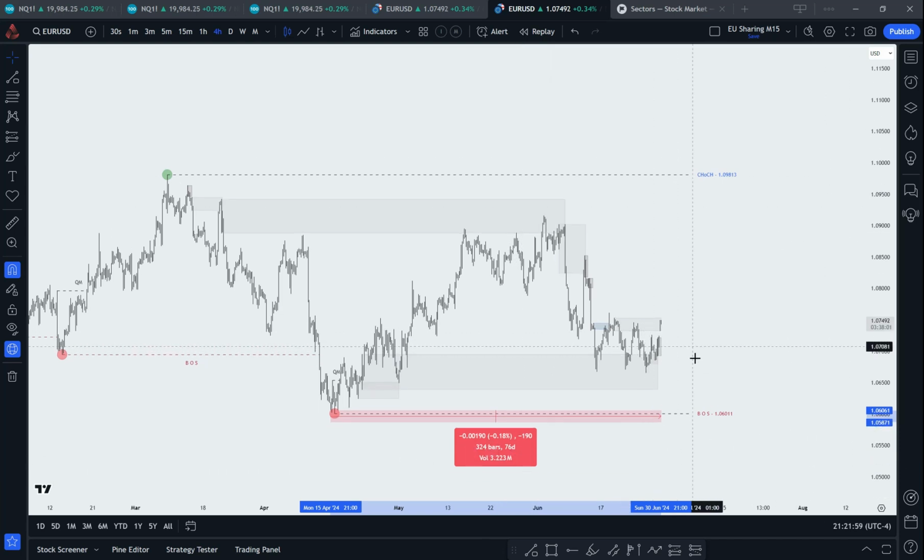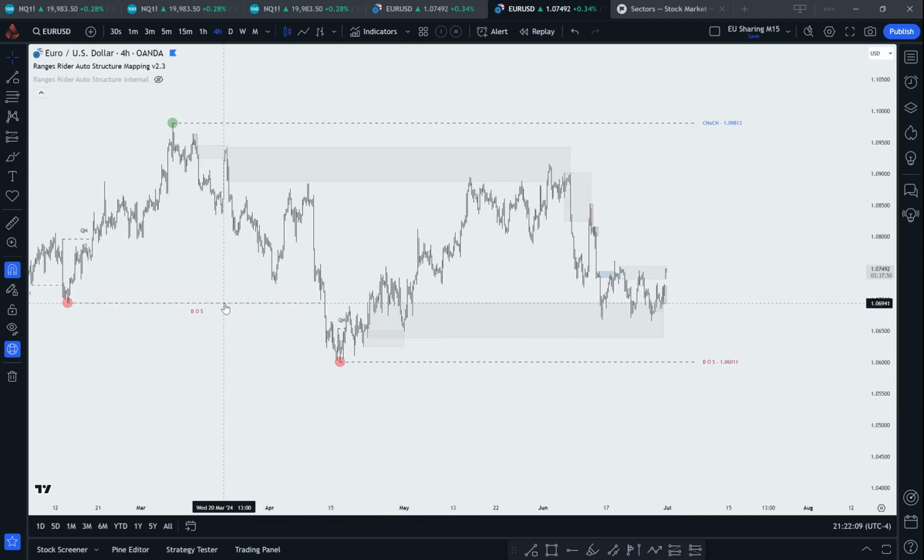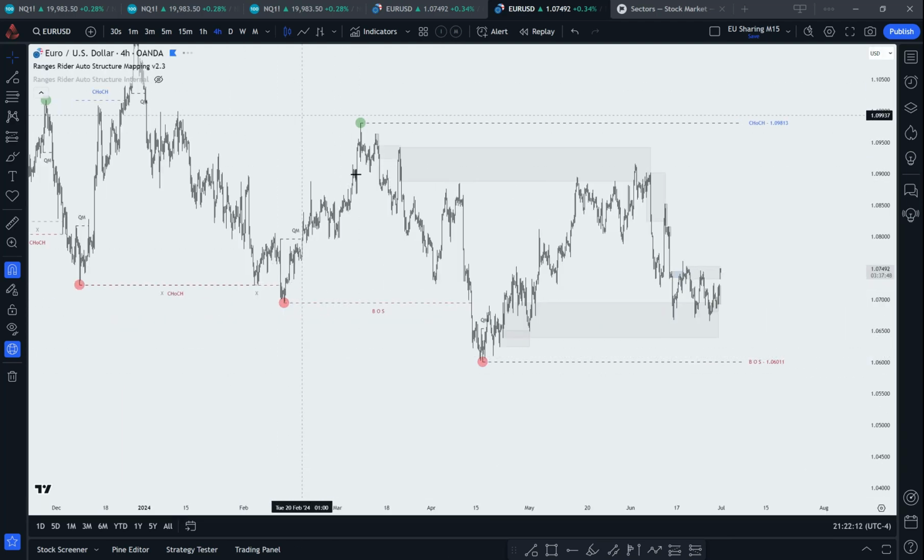Can you see? So it can take a lot of time. So it's also not going to help you a lot. That's why you have to just check the higher time frames what's going on. You can mark the structure, but all your decision making is on the 15-minute and 3-minute time frame, because that is how quickly you can enter in the market as per whatever the ranges will be over there.